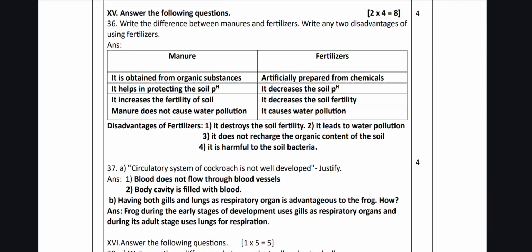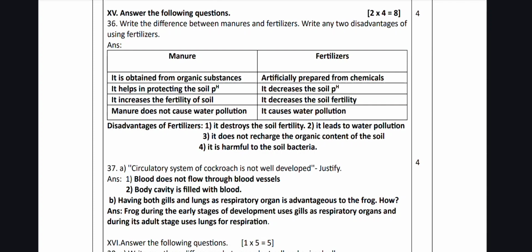These chemicals affect the water bodies over there, where animals can come and drink the water and they might get affected. The pond ecosystem or the lake which has aquatic organisms in them, the small little fishes or the frogs, get affected, and it causes water pollution, which is very dangerous. So, last, disadvantages of fertilizers.